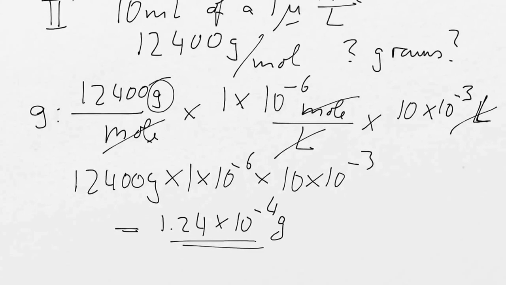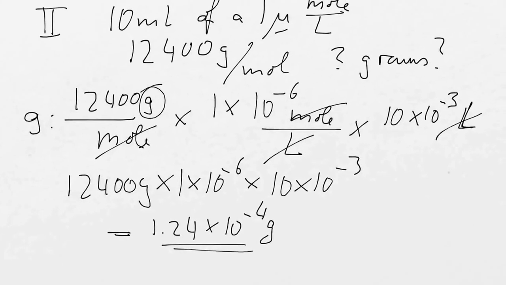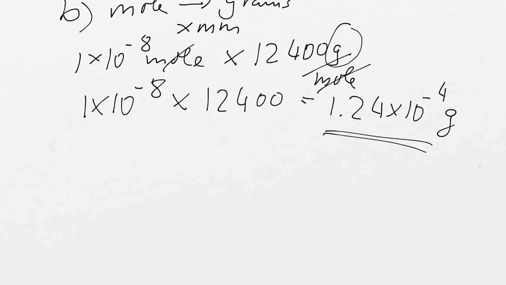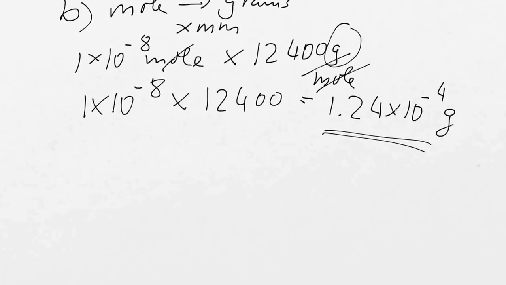This is dimensional analysis. In the first method, I did this two-step approach. First convert everything into mole, and then convert the mole into grams. This is sort of, if you like, the rational approach.